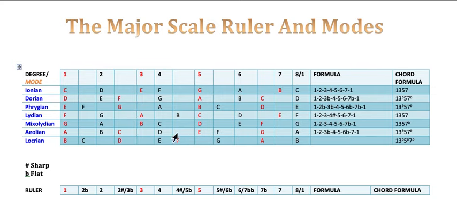Flat 6. Now let's go there. You see the 7th as well has been flatted. That's flat 7. So this is the formula for the A natural minor or the Aeolian mode. The natural minor scale or the Aeolian mode. Now the formula is 1, 2, flat 3, 4, 5, flat 6, flat 7, back to 1.